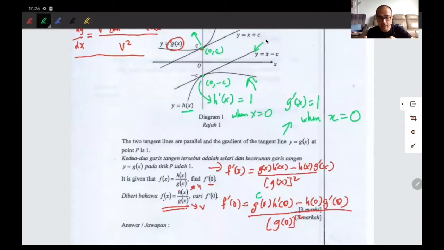And I said that h prime 0, when you differentiate h, when the value of x is 0, the value is 1. So here is 1. Minus h(0), same thing, this is h. When x is 0, the value of h(0) is negative c. So negative c. And the value of g prime 0 is also 1.